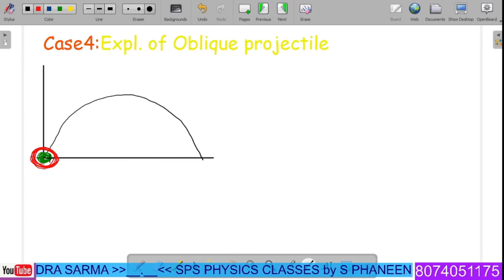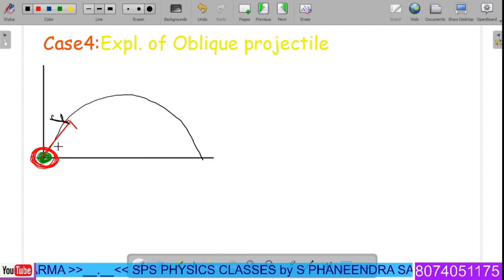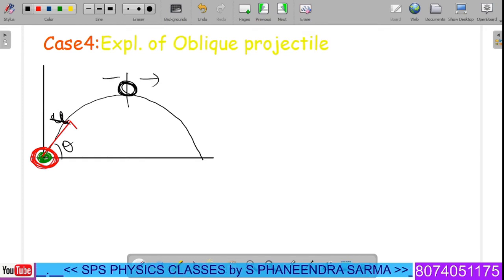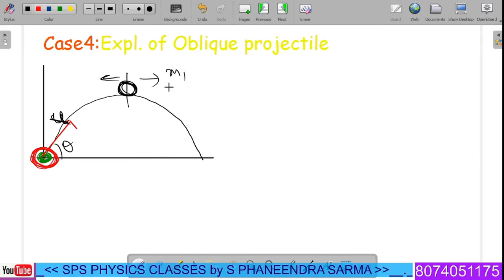Now if it is projected with a speed u at an angle theta degrees, then at the highest point, upon reaching this particular place, it divides into two parts, the first part and the second part, m1 and m2.